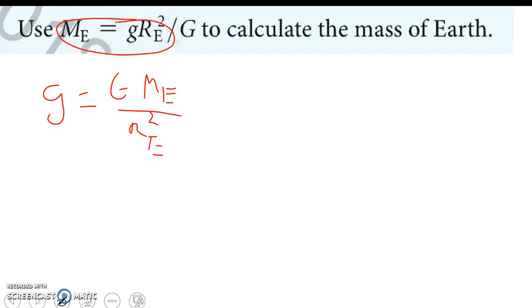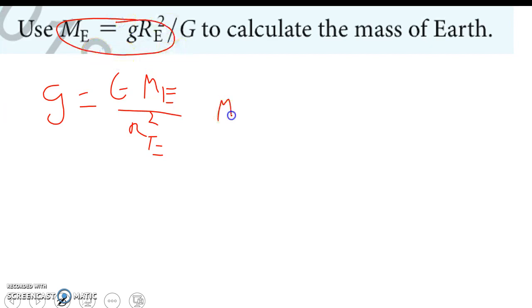All right. So here's how we can calculate the mass of the Earth if we know some things. So we take our equation, g times the constant, mass of the Earth over the radius of the Earth squared, and we just solve it for mass of the Earth, which is that equation.